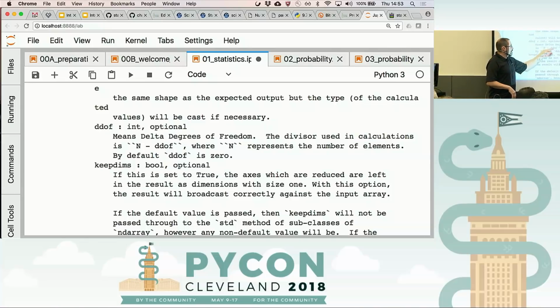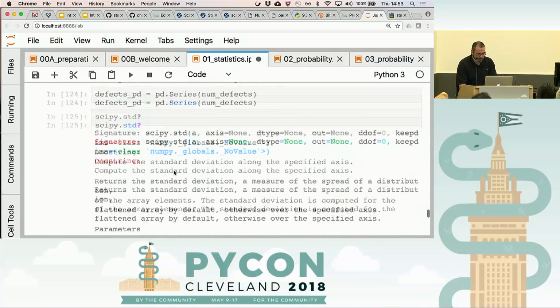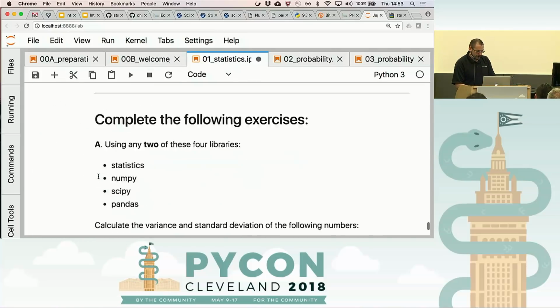So you can have n minus something, and the normal is n minus 1, right? The default that they use is 0. So if I needed SciPy to do the reverse of what it normally does, I can simply go into the function, and I can set this degrees of freedom to be 1 versus 0, which is the default. So again, it's just a matter of, you need to know that it's there. You need to know it's kind of a problem that you have to answer. All right, let's see what else we got.